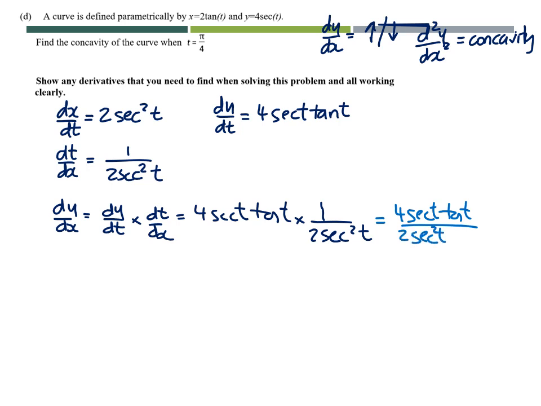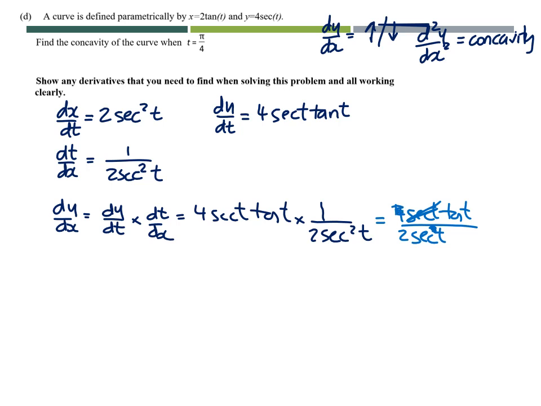If I start to try and simplify this, that's where it starts to get easier for me later on. You don't have to simplify for an achieved, but for your merit and excellence stuff, that actually makes it much easier. Because that there will cancel with one of those, eh?